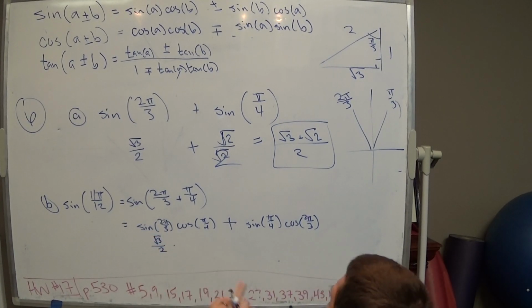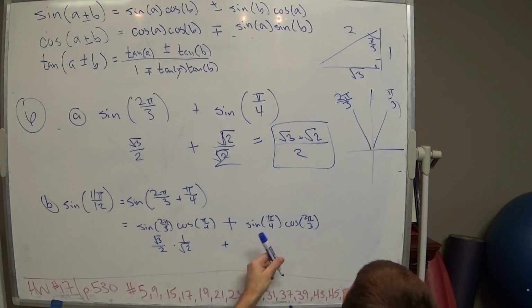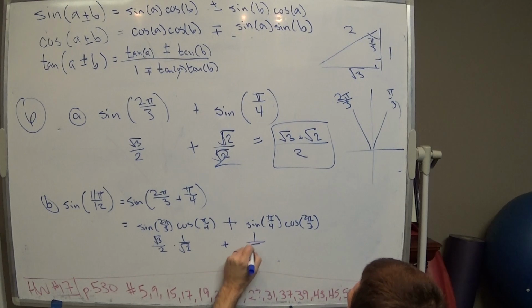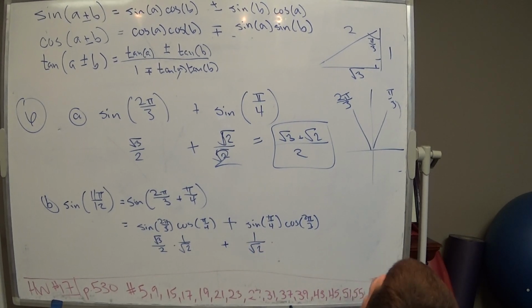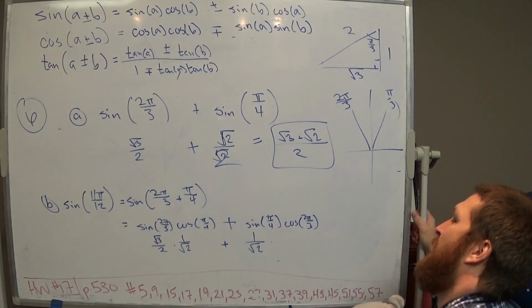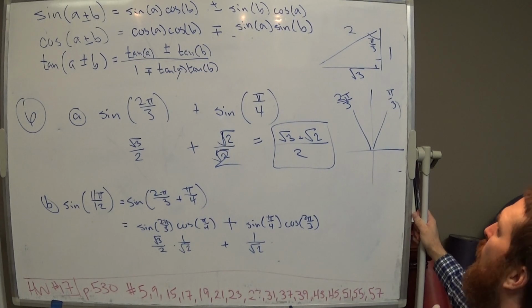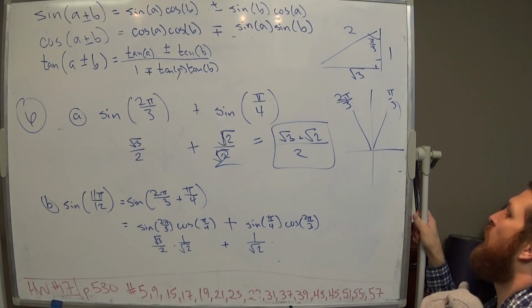What's cosine pi over 4? 1 over root 2. Plus, what's sine pi over 4? 1 over root 2. And cosine 2 pi over 3? It's 1/2.